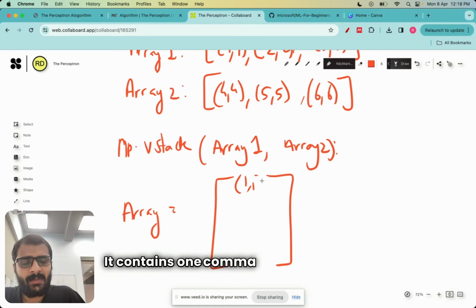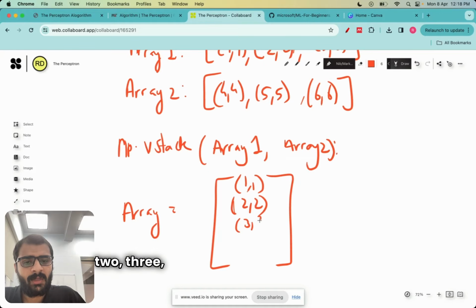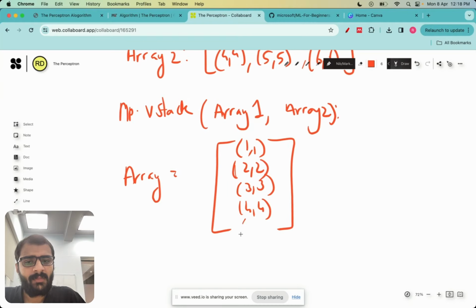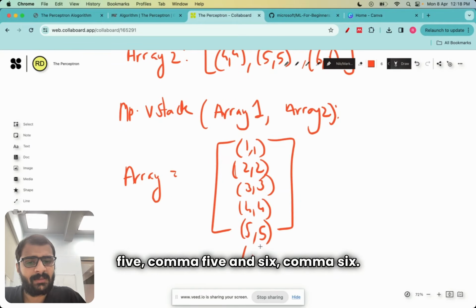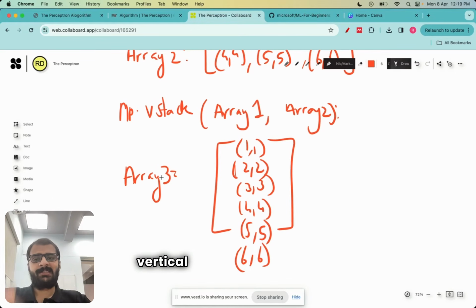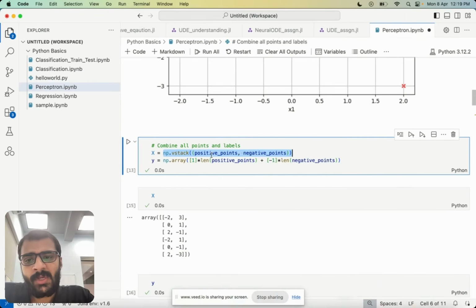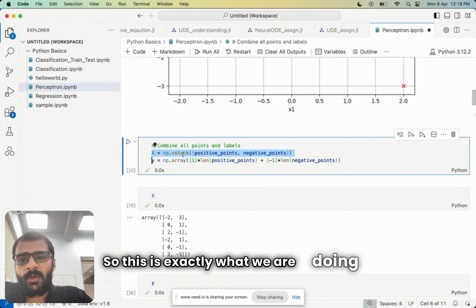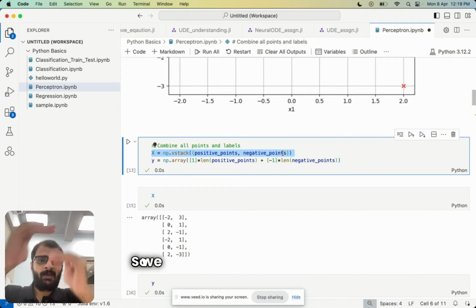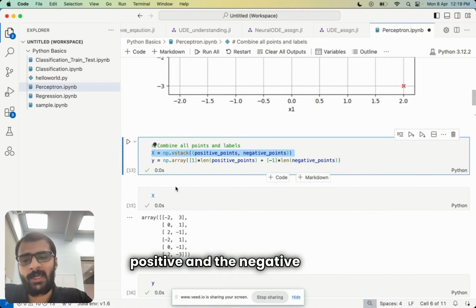It contains 1 comma 1, 2 comma 2, 3 comma 3, 4 comma 4, 5 comma 5, and 6 comma 6. So this is the meaning of vertical stacking, or np.vstack. So this is exactly what we are doing here. X equal to np.vstack of positive points and negative points. So we are vertically stacking the positive and the negative points.